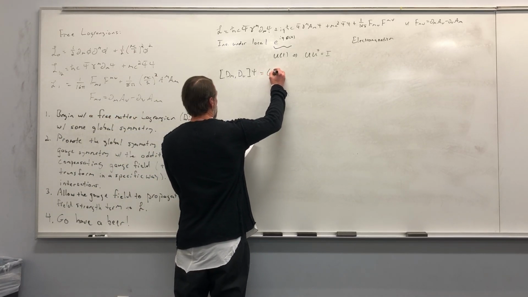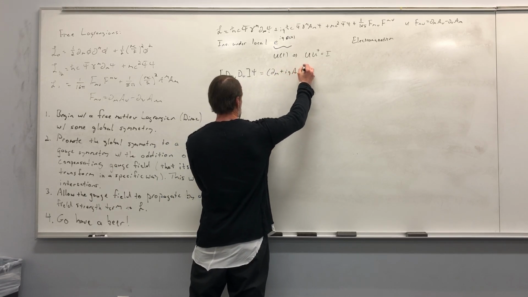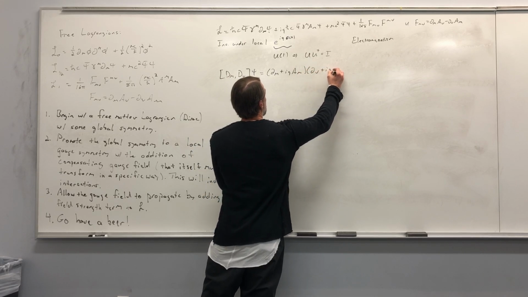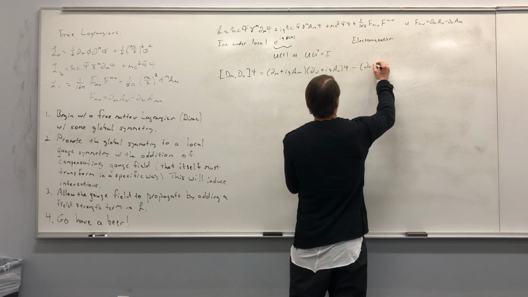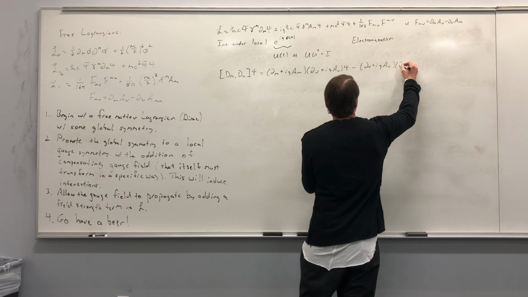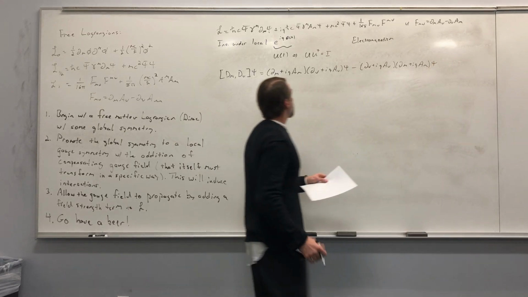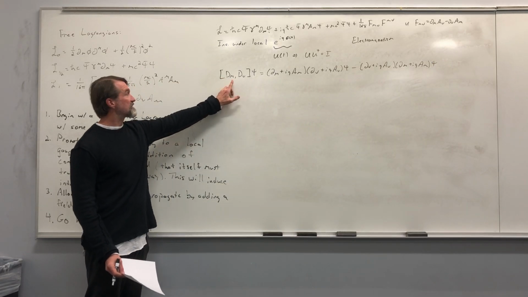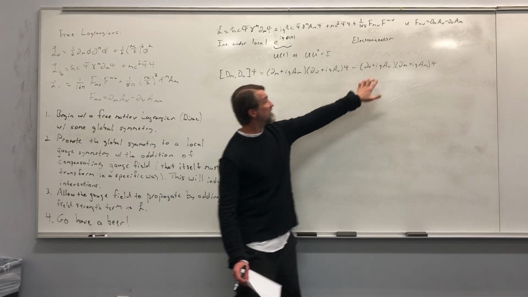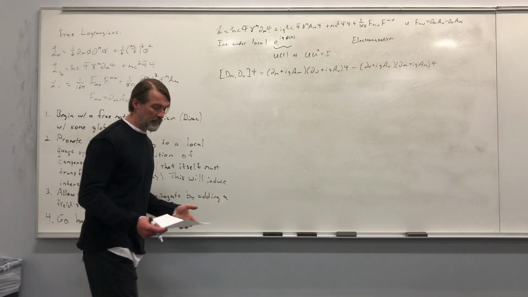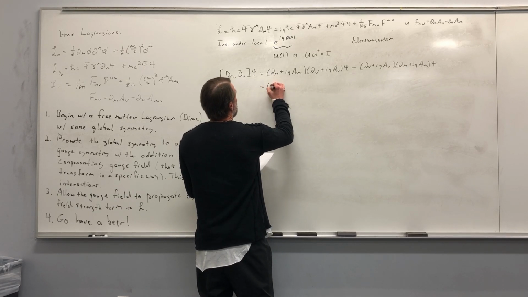So remember, in this story, we have that the capital D is lowercase d plus iq a mu, d nu plus iq a nu, acting on psi, minus d nu plus iq a nu, d mu plus iq a mu, acting on psi. I'm just doing the commutator of these. So let's see, I'll be detailed here.